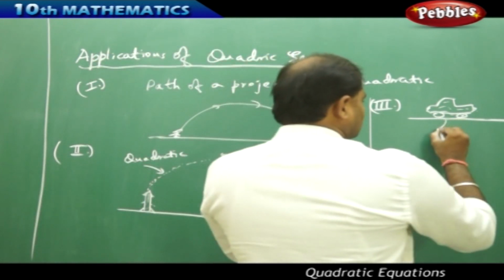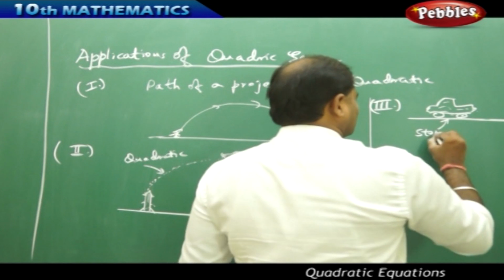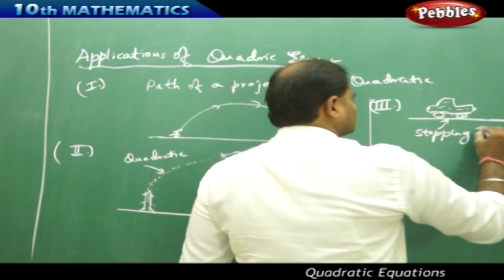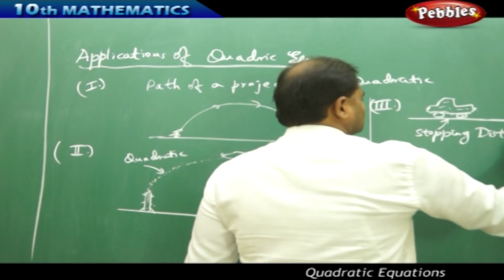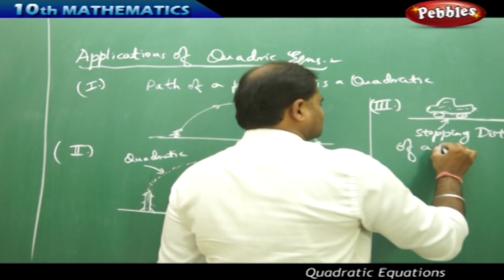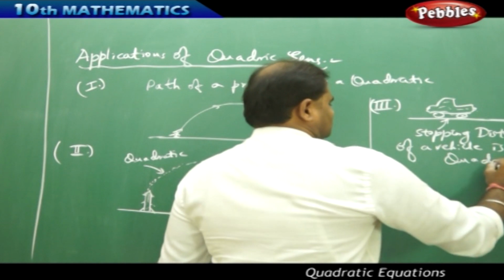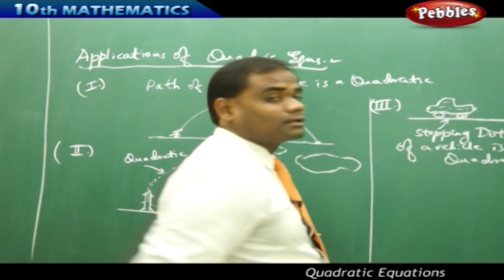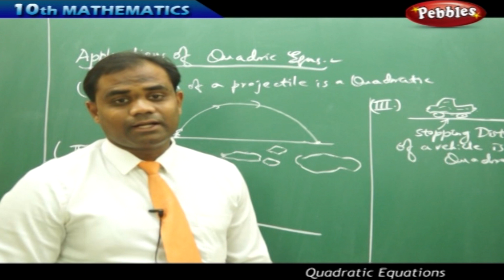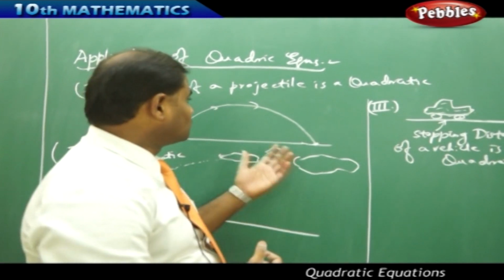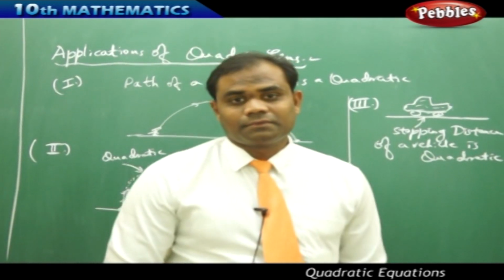The stopping distance of a vehicle is also a quadratic, is how we understand the various applications of quadratics in real life.